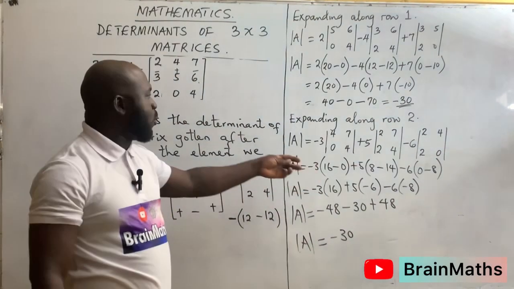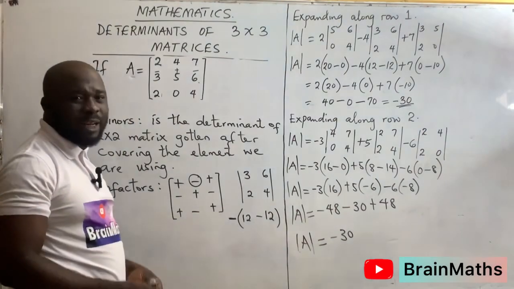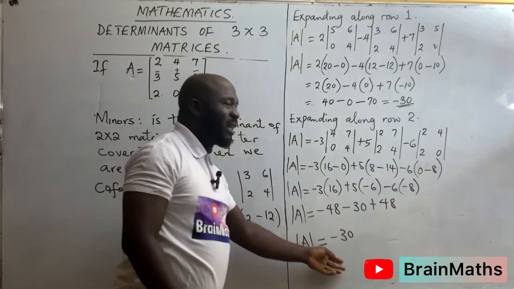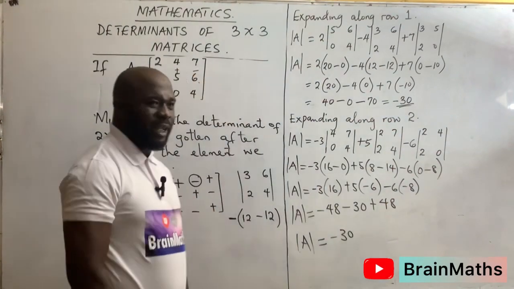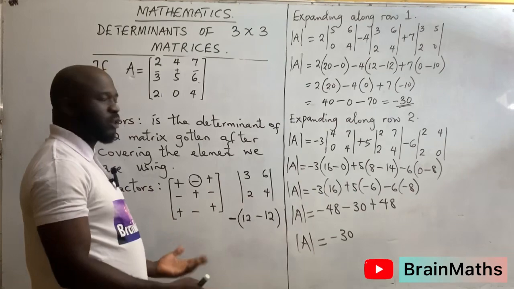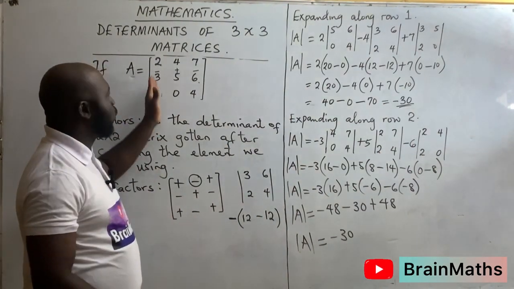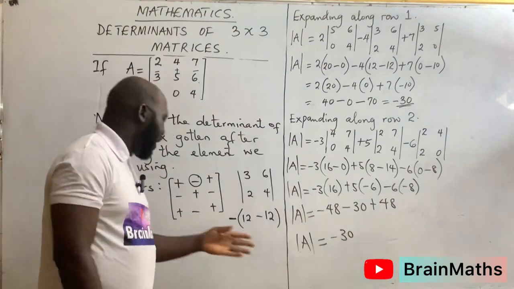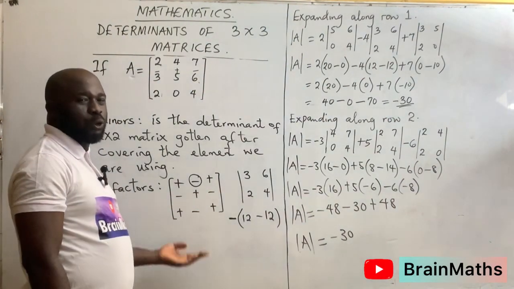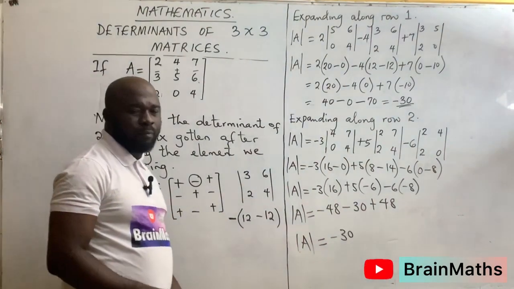So from what we have said, if you expand along the third row, you are still going to be left with the same negative 30 as your final answer. So the things you need to be conversant and watchful of are just two. The first is how to get out your minus, and the second is knowing the cofactors to use as the case may be.